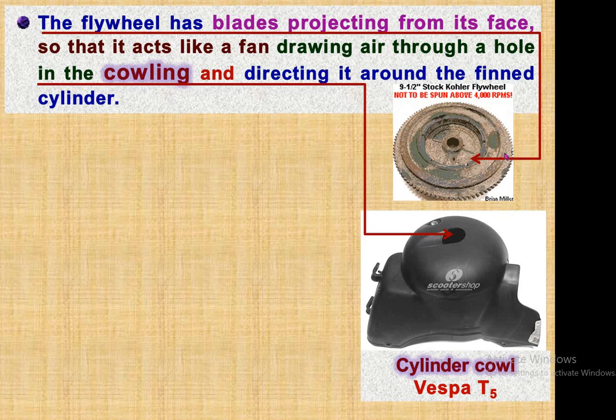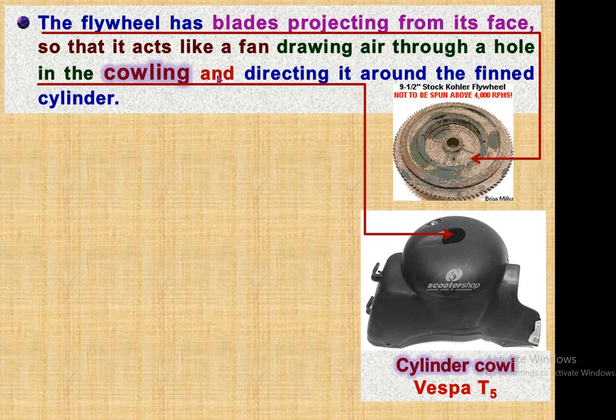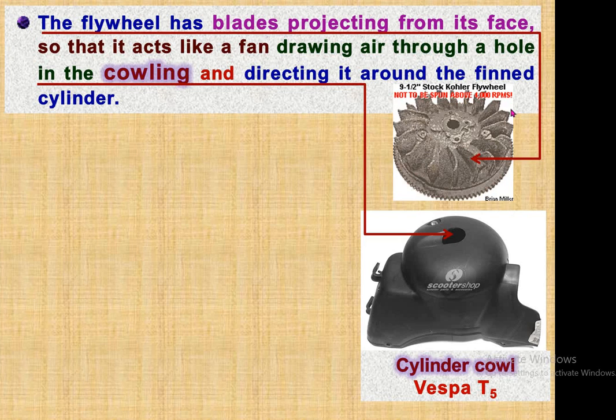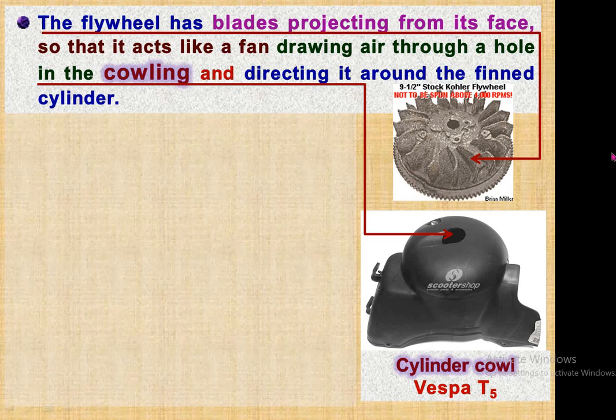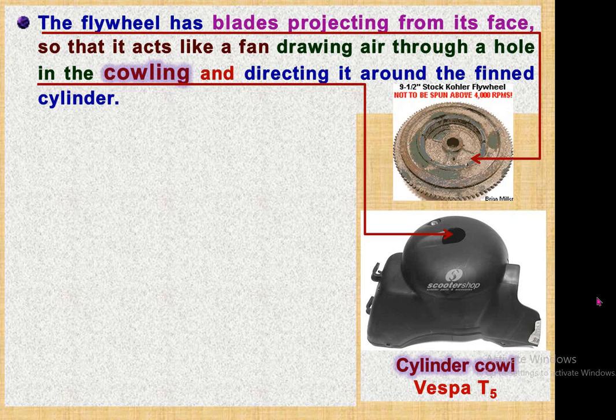Due to the rotation of the flywheel and the arrangement of these fins, it sucks the air through this hole provided in the crowning, and directs it around the finned cylinder. This whole air is directed to cool the fins that have been employed around the cylinder. This is the cylinder crowning of the Vespa T5.